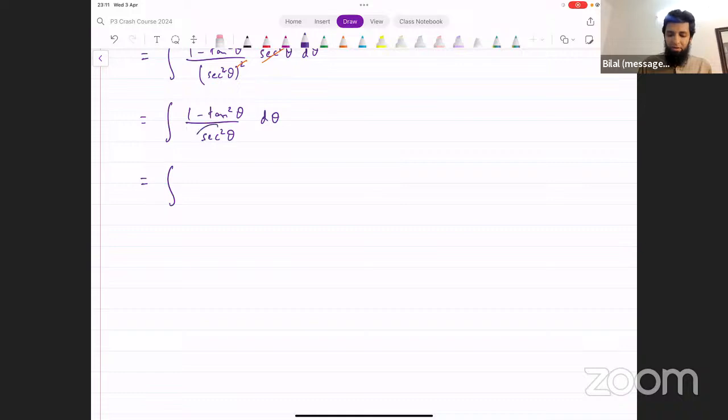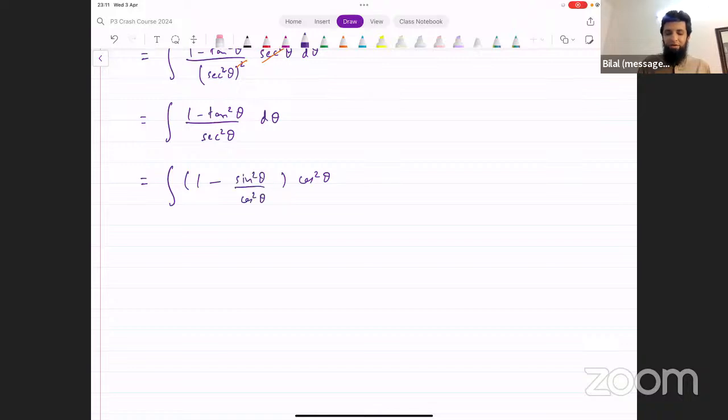Let's think about it. What is secant? Secant is the reciprocal of cos. So if we write secant in the numerator, this could be written in terms of cos, right? So we have 1 minus tan square theta multiplied by cos square theta. Now tan can also be converted to sine and cos. Tan square theta is sine square theta over cos square theta.